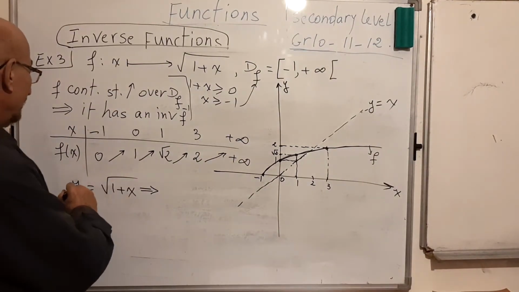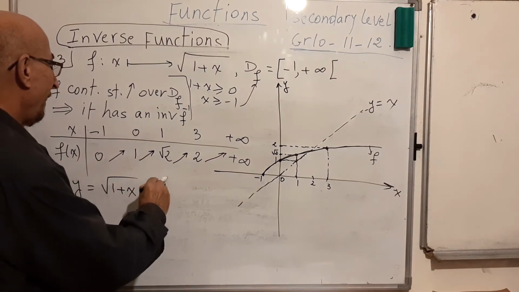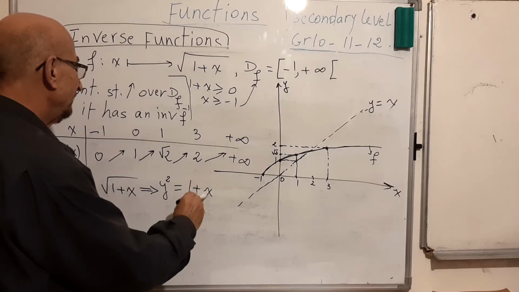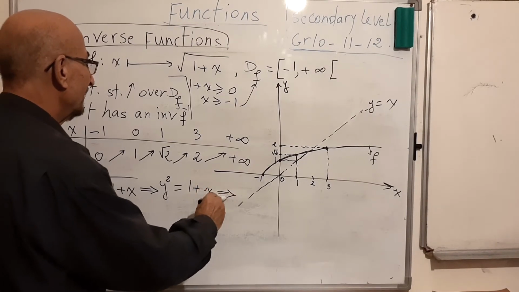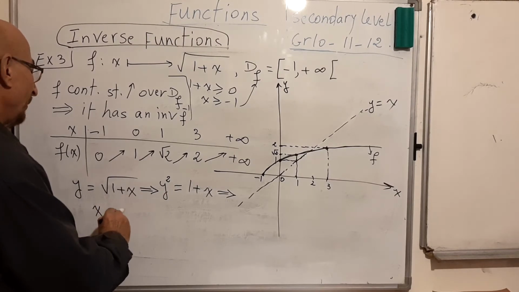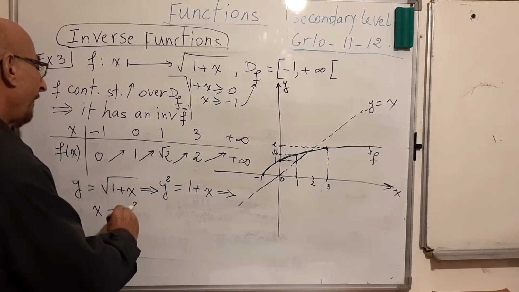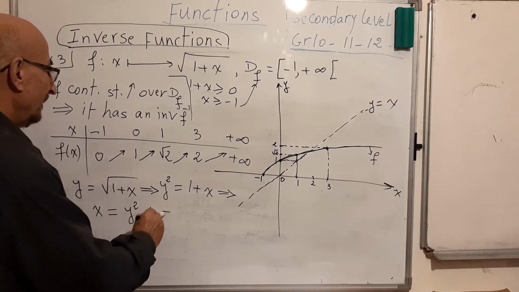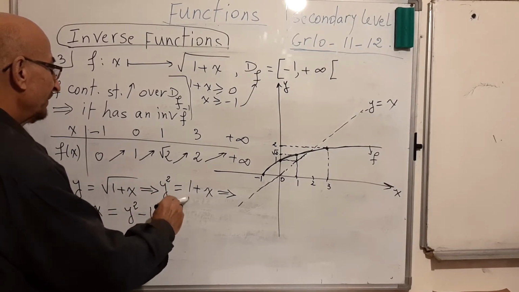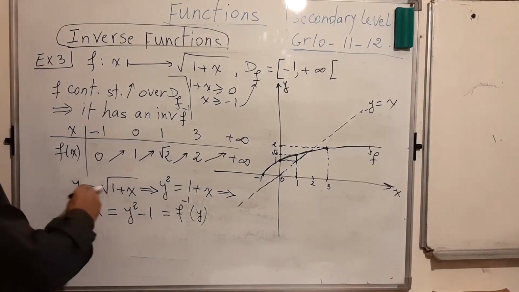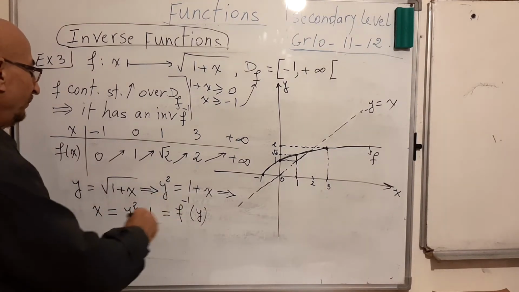We have y squared equal 1 plus x. So x equals y squared minus 1, which equals f minus 1 of y. So y equals f of x is equivalent to x equals f minus 1 of y.